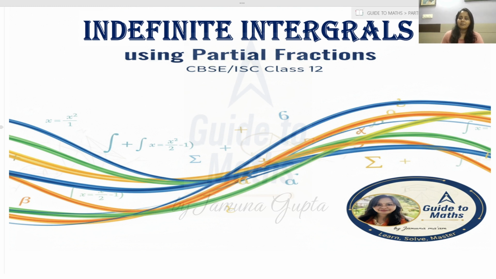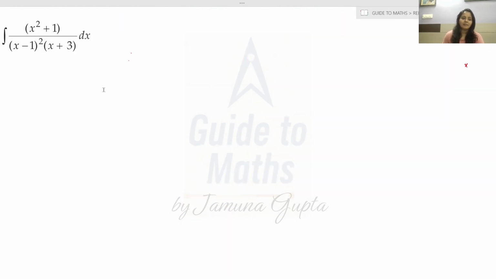We'll start with the repeated factor one. Here you can see that x minus 1 has a square, so that means the factor x minus 1 is repeating.